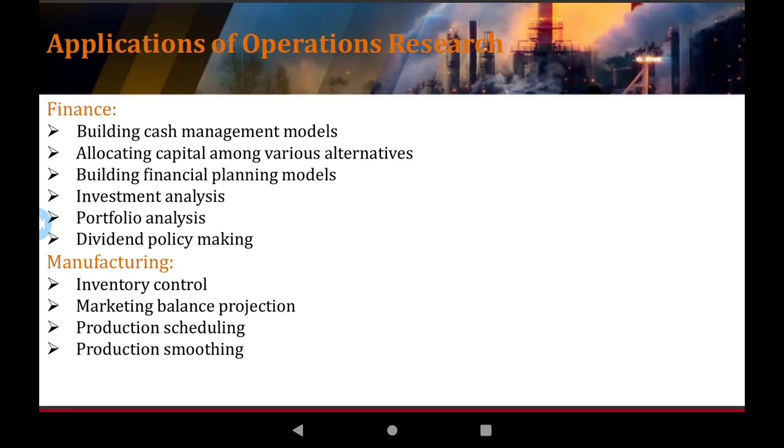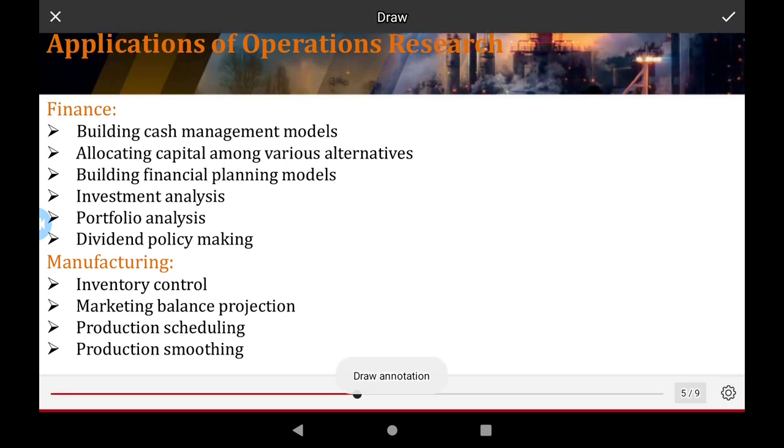And the finance applications of models: investment analysis and portfolio analysis. Some of the finance systems use operation research. Investment analysis: suppose you invest 5 lakhs for 1 year, so you are earning 50,000 per month or 40,000 per month from the 1 year investment.